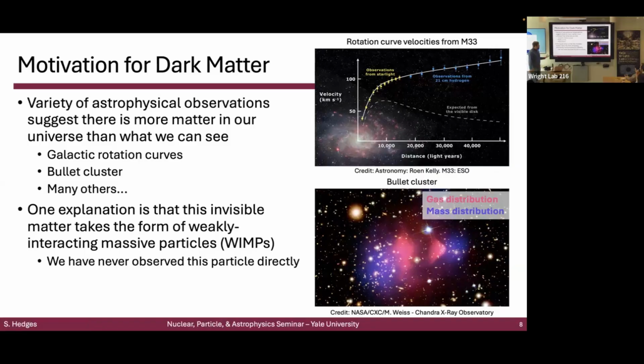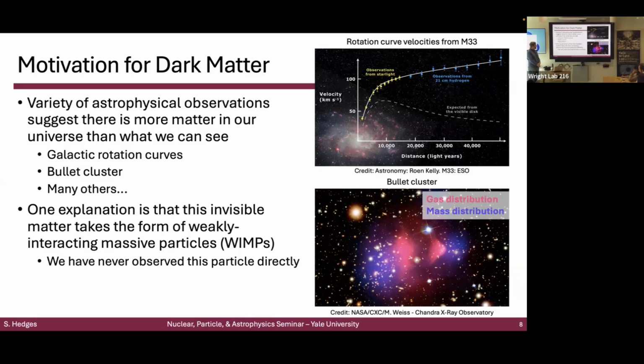Another good example is the bullet cluster, where you have the visible mass existing in these pink areas, but the blue areas show the true mass distribution from gravitational lensing. And both these measurements, along with a variety of others, are all consistent with the idea that there's some additional matter present that's about 5 times more prevalent than visible matter in our galaxy, or in the universe.